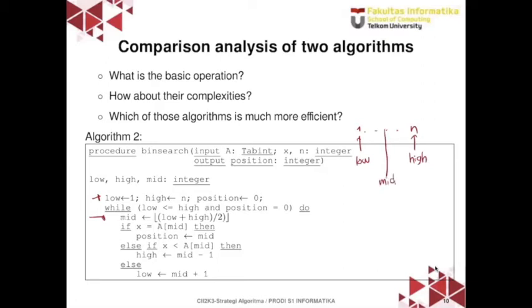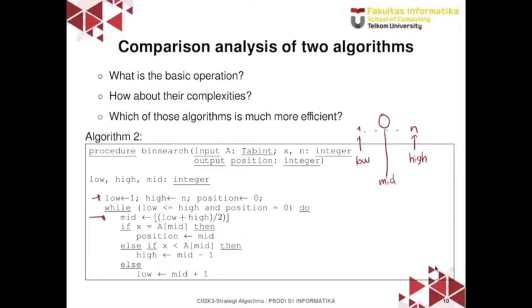We have mid here, and we check the element here. If it is equal to x, then we store the position, so we will not go back to the iteration. But if not, the position is still 0, so we check if low is still less than or equal to high.